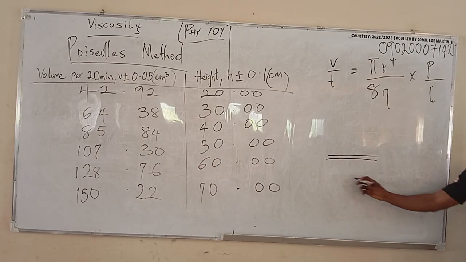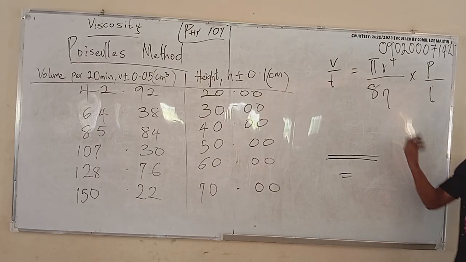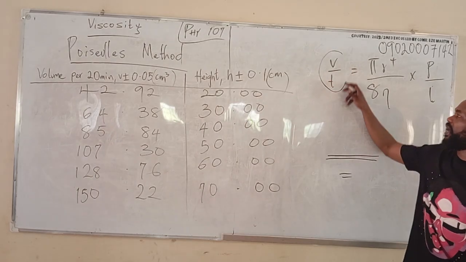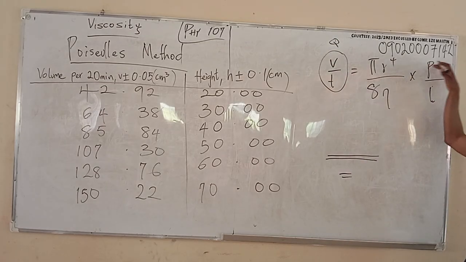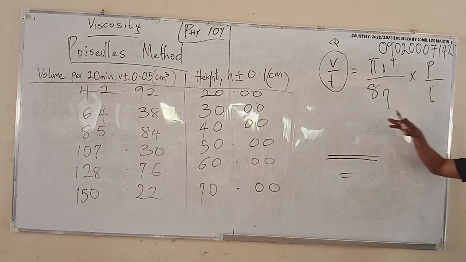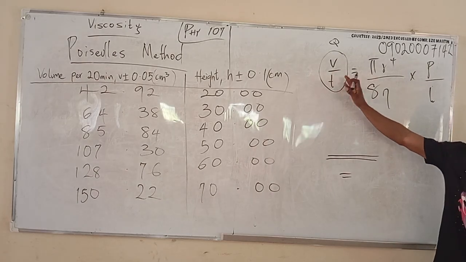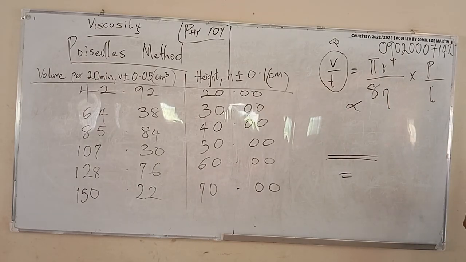Is it not true? But if it's shorter, it will be faster. So please, I want you to remember that in comparing this, maybe I call this Q, an increase in this one means an increase in volume flow rate, and a decrease in this means an increase in this. That is inversely proportional.